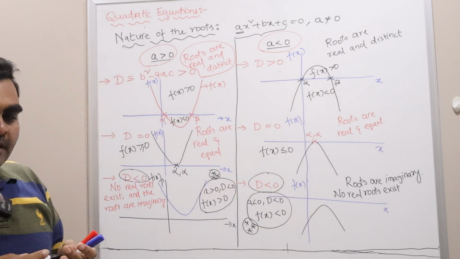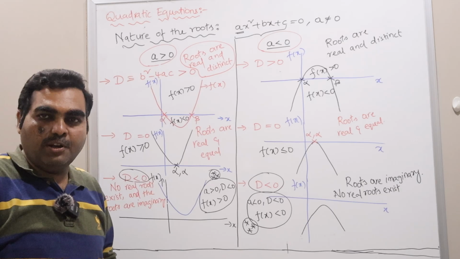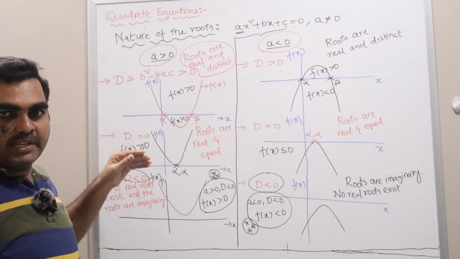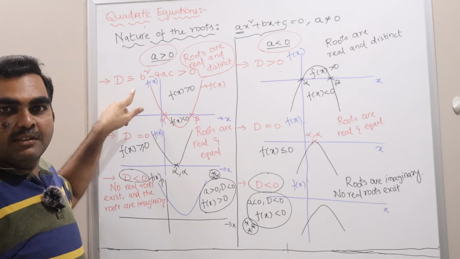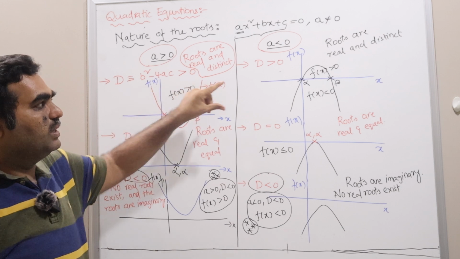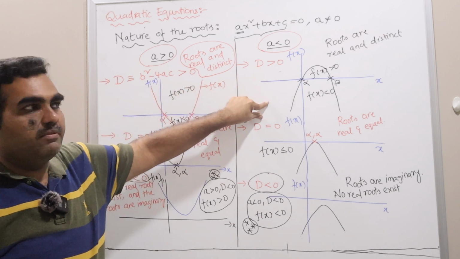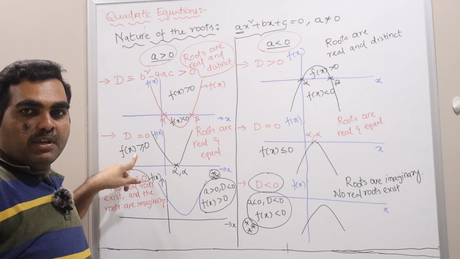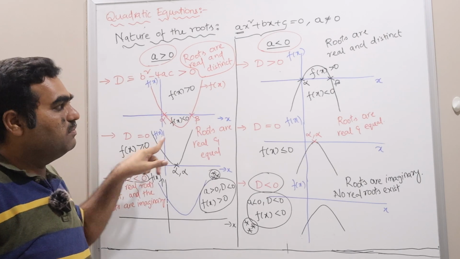So these are the three cases you need to consider. These are the important points you need to take. So once again I repeat, in the first case, partially f of x may be positive and negative. Here also positive and negative. In the second case, if a is greater than 0, f of x may be greater than or equal to 0.